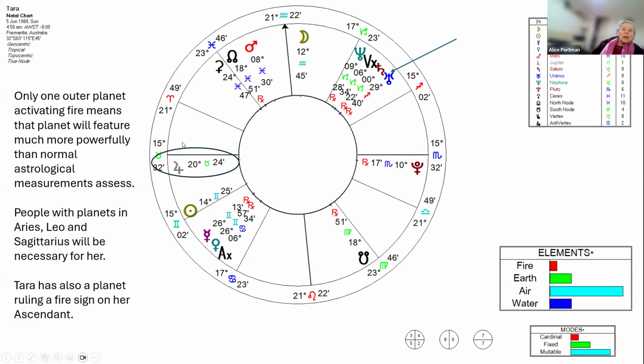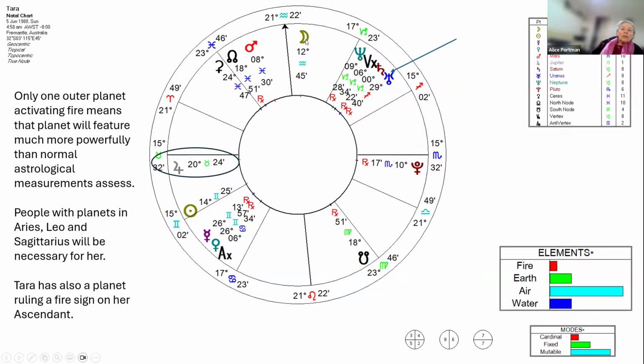And she's also got a planet ruling a fire sign on her ascendant, Jupiter, which puts the emphasis on Sagittarius again. And as she's already got a strong 8th house and Sagittarius on the cusp of the 8th, Jupiter rising throws emphasis back into a strong 8th house as well. But you can see on the house level, she's got the moon in the 9th, which is a Sagittarius resonance house.